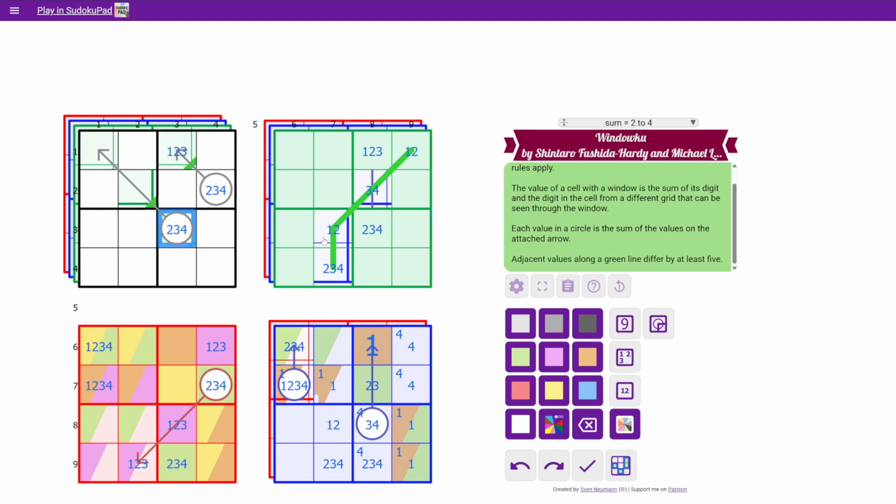But then both of these would be 4, which also seems fine. Which would make this 3, and it would make this 3, and it would make this 4.